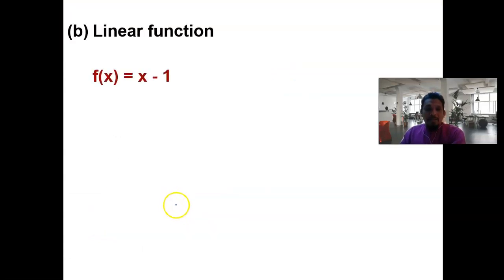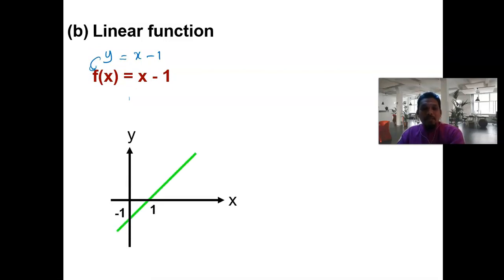Okay, linear function. Whether we write it as f(x) equal to x minus 1 or y equal to x minus 1, y or f(x) is just a different way of writing it, but it tells us the same thing: f(x) is represented by the y. Now, there are many coordinates on this green line.